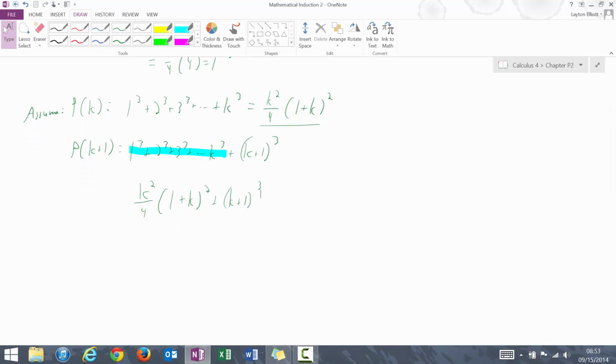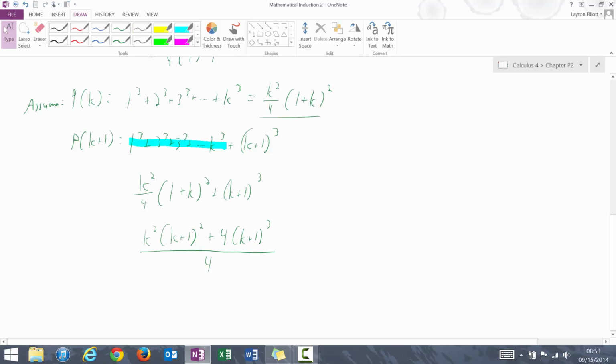And if I add them with the least common denominator of 4, I'm going to get k squared times (k plus 1) squared, plus 4 times (k plus 1) cubed, all over 4.